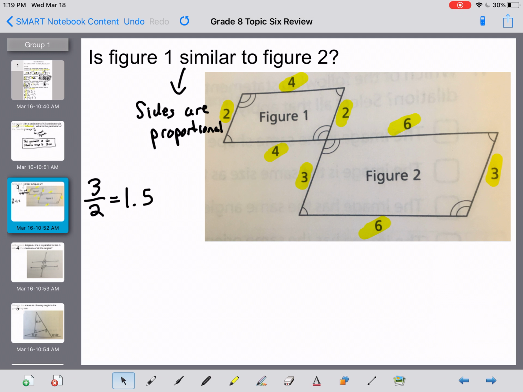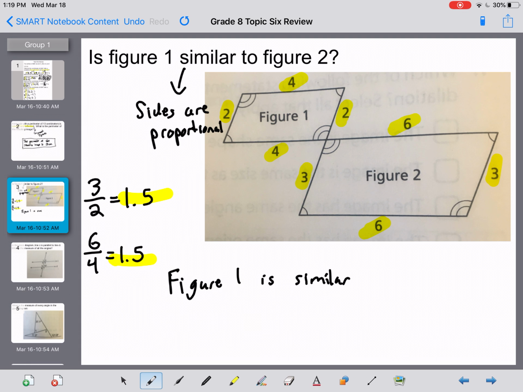So since I did figure 2 in the numerator for my first fraction, I'm going to do figure 2 in the numerator as well. So I'll have 6 divided by 4. 6 divided by 4 is equal to 1.5. So since these two are the same decimal, my side lengths are proportional. So I can say that figure 1 is similar to figure 2.